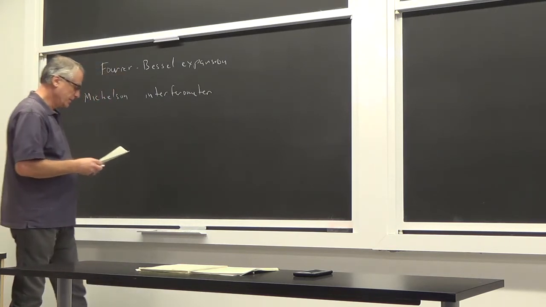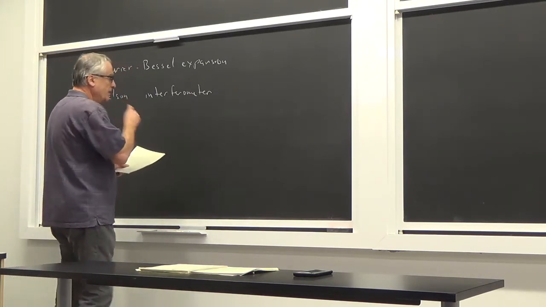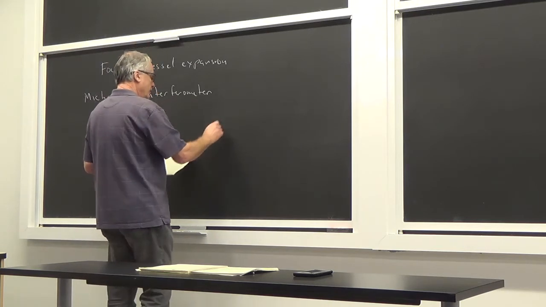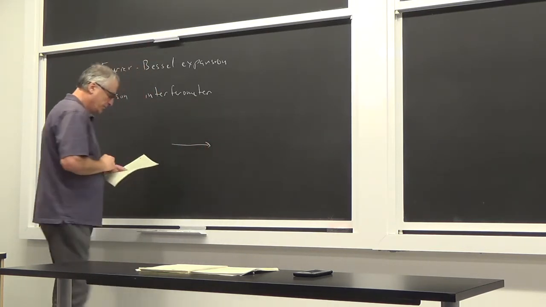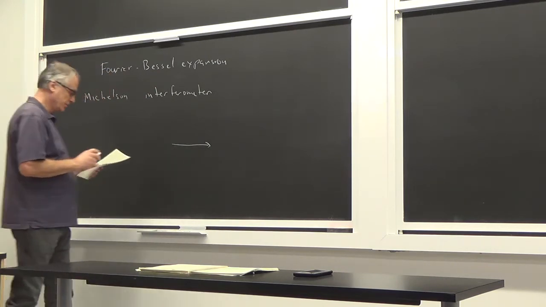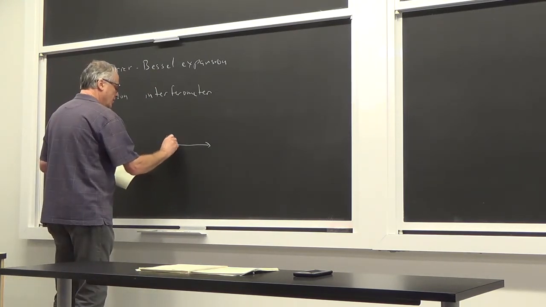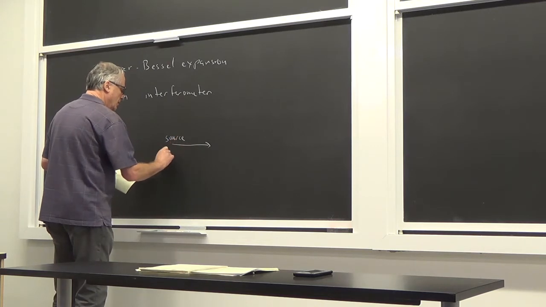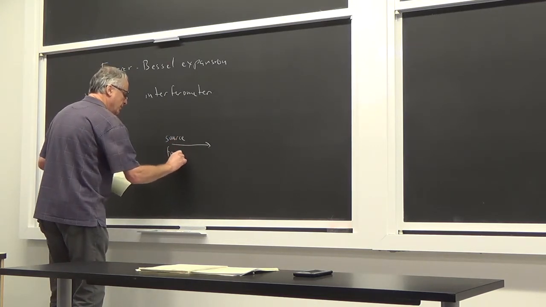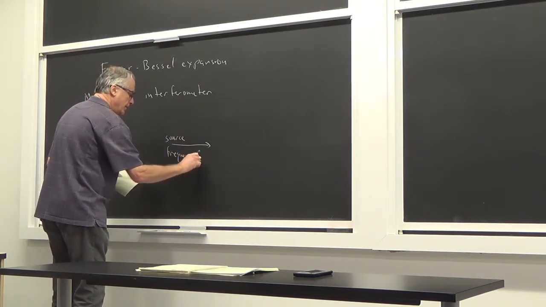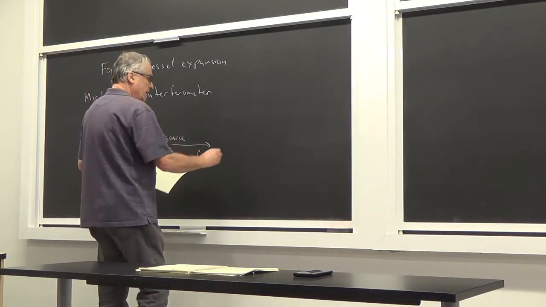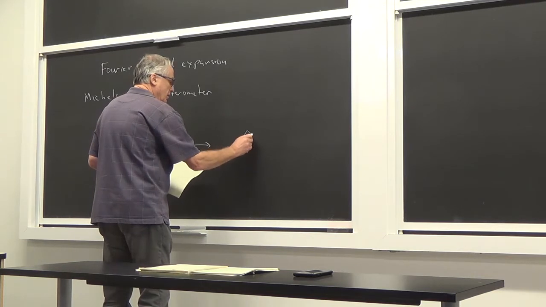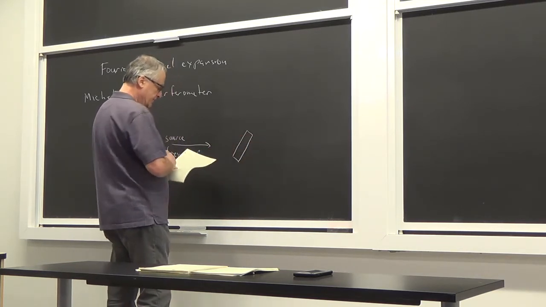And so the idea is that we have some light source, say with frequency f. It's propagating along, and we hit a beam splitter with it.